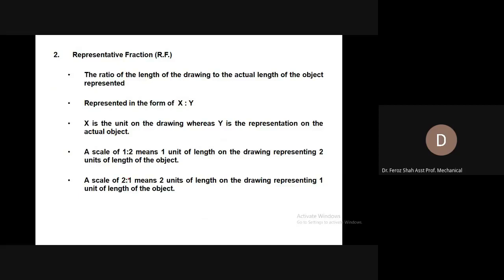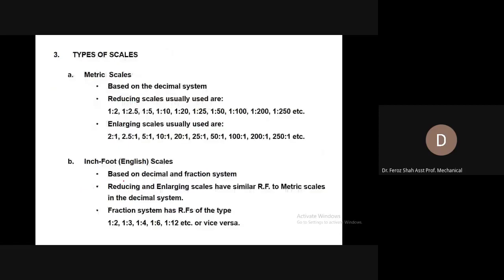And you can see that it is a double scale. An object of 1 unit has been enlarged to twice its size or has been doubled. So this is an enlarging scale or double scale. So this must be represented on your drawing sheet.